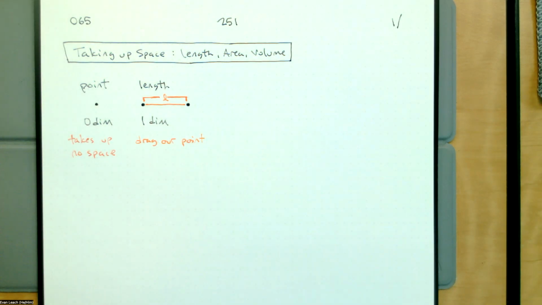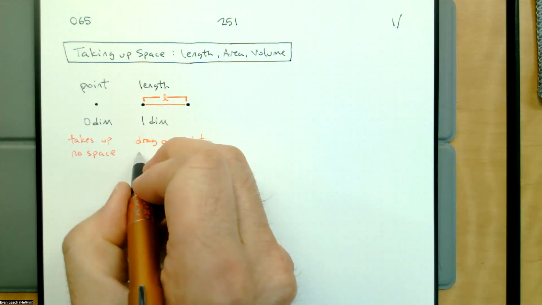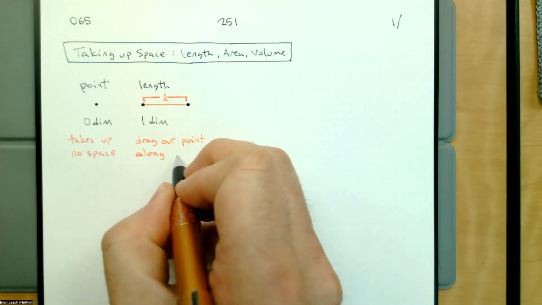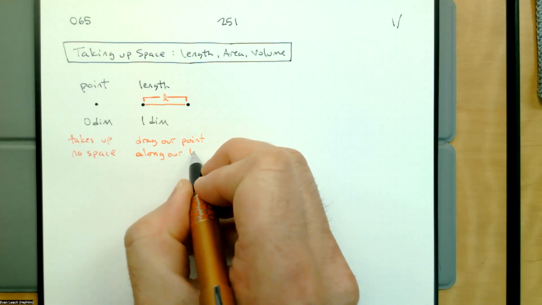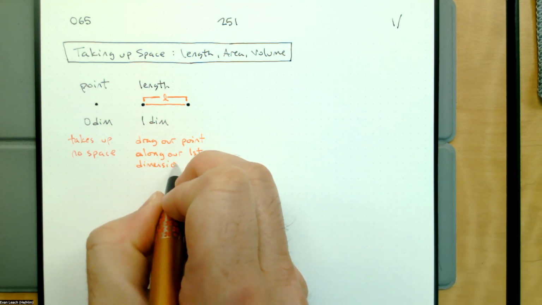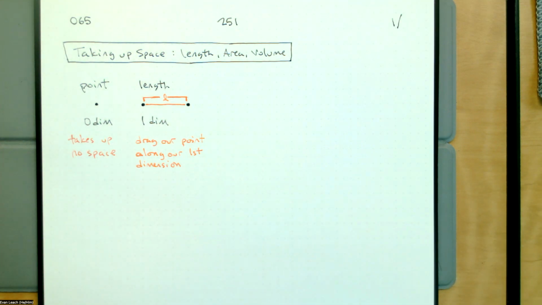We drag our point along our first dimension, and our point will get dragged into an interval that we measure with length.